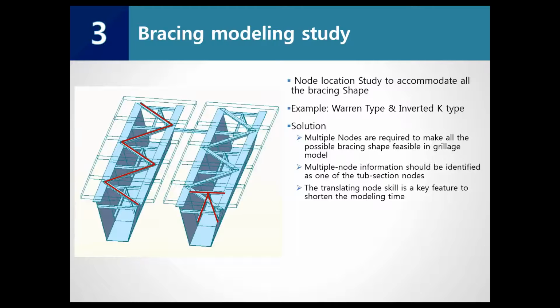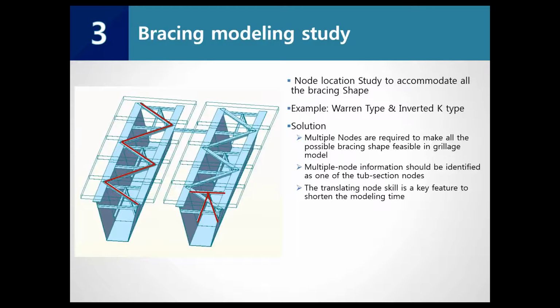If you just put in the nodes, and even if you connect the K bracing system onto steel top sections, if you don't connect them to the nodes representing the steel top sections, the other nodes don't have any meaning.